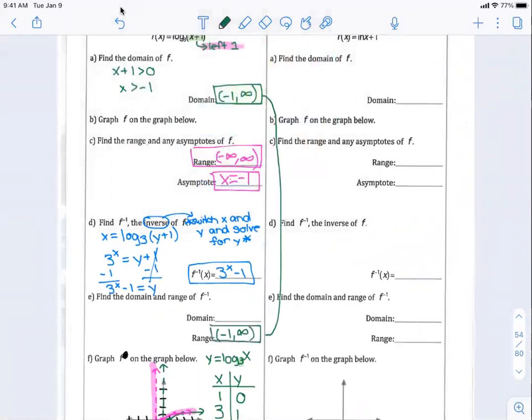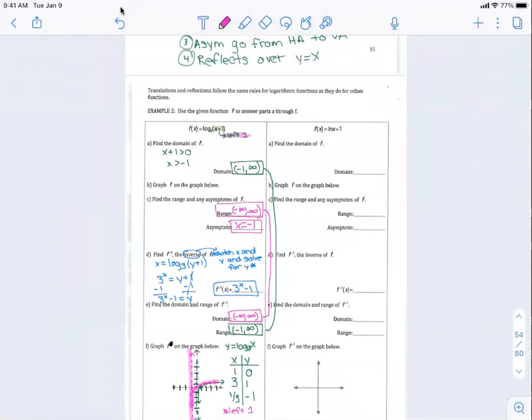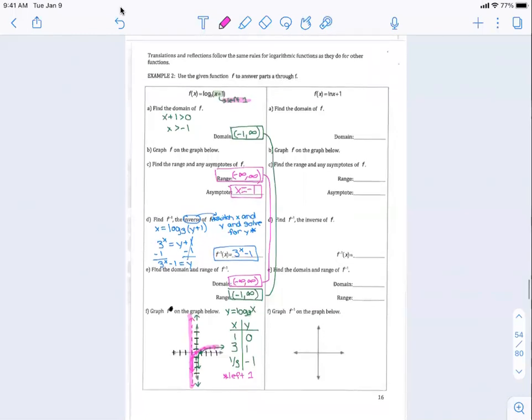And then same thing, if we know what the range is, then we know the domain of the inverse. Done. Again, we are not going to worry about graphing the actual inverse. So that's good. We got enough going on in our graph.